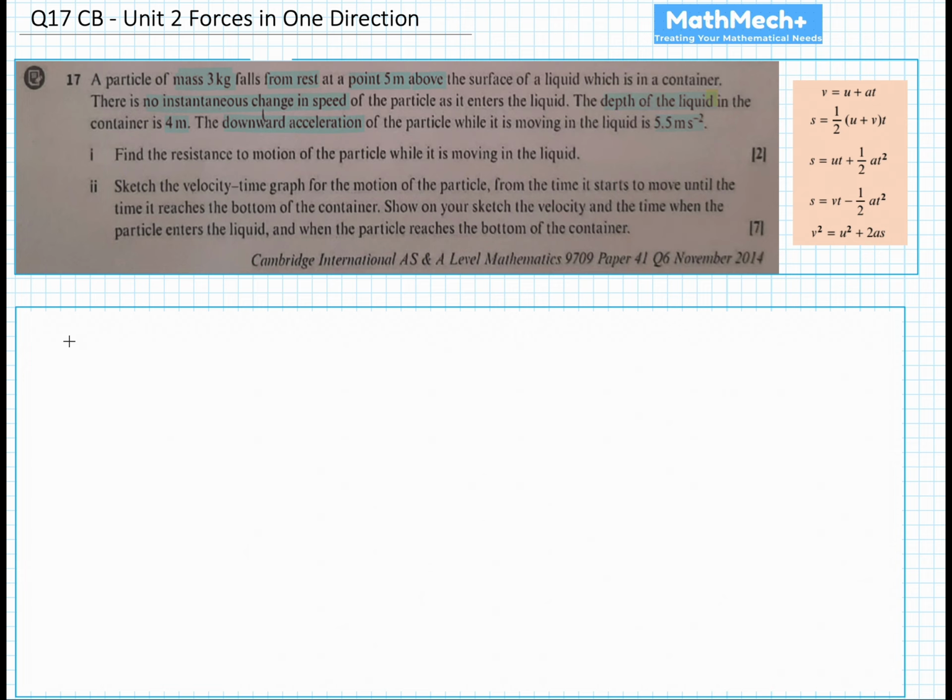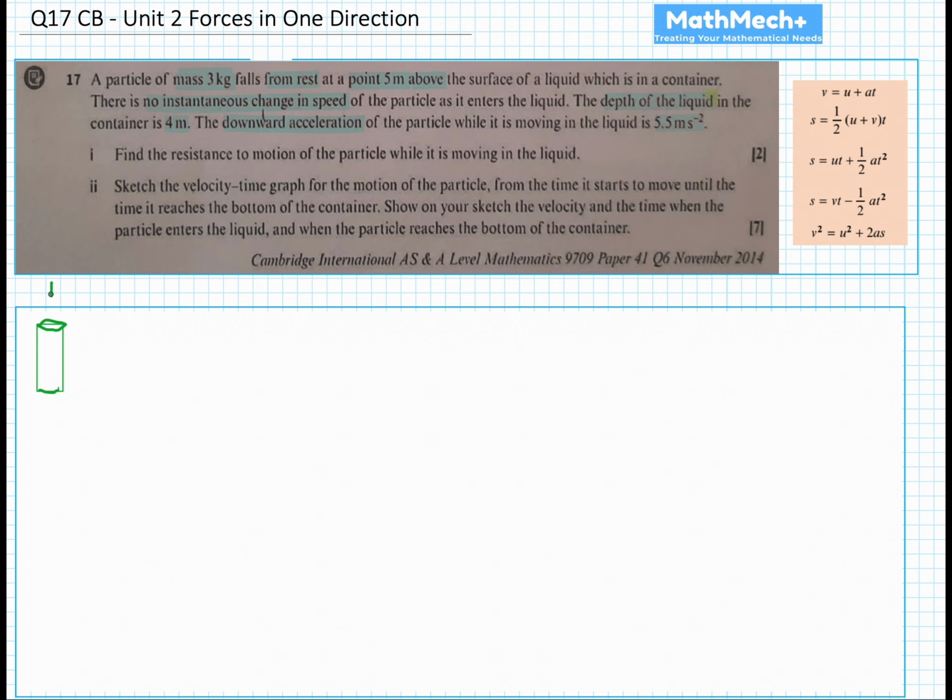We have our SUVAT formulae on screen as well. Generally that comes into play. Okay, let's have a look at the container. Always draw a little sketch beforehand. There's no real detail on the container. It could be a box, it could be a tube. It doesn't really matter.